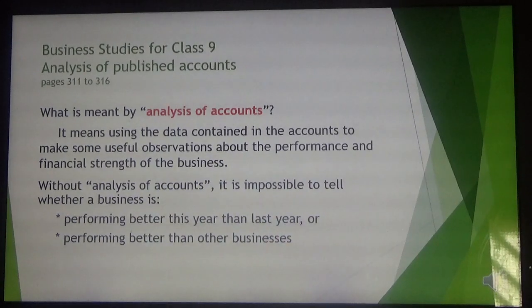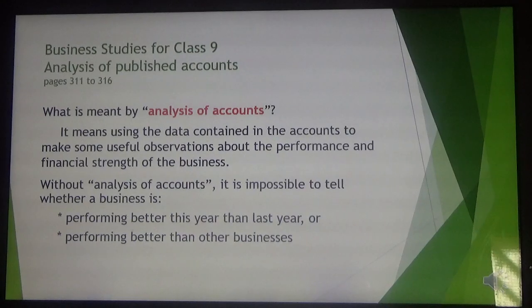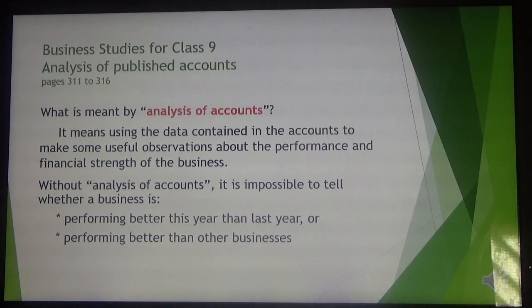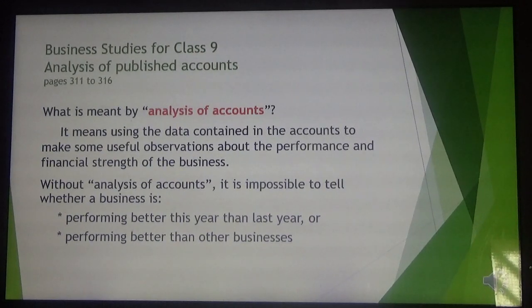In this chapter, we shall be discussing the concept and importance of profitability and liquidity. We shall also be discussing how to interpret the financial performance of a business by calculating and analyzing profitability ratios and liquidity ratios like gross margin, net profit margin, return on capital employed, current ratio, and acid test.